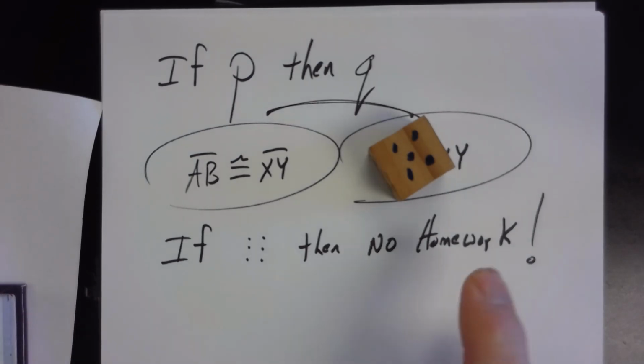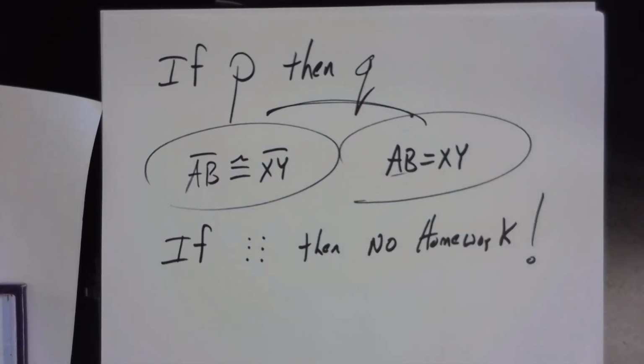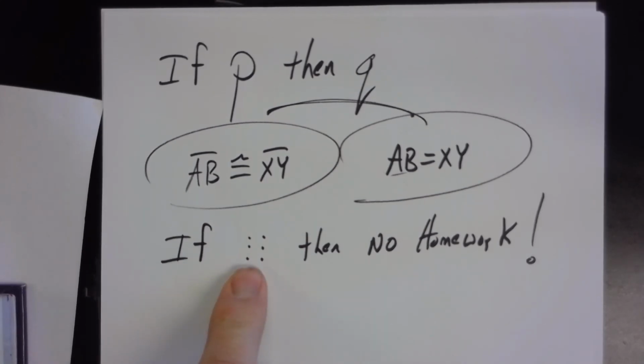And then also, end of class, you guys are all walking out, and you have no homework. Can you conclude that I rolled a 6 from that? No, I could have not given you homework because you're all nice. We know that's not happening, but that's possible, right? There are other reasons, okay?